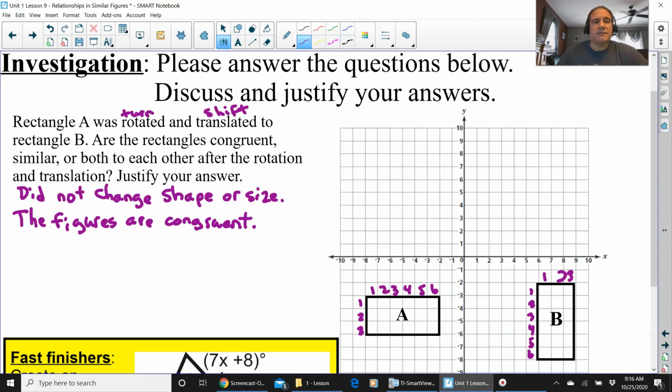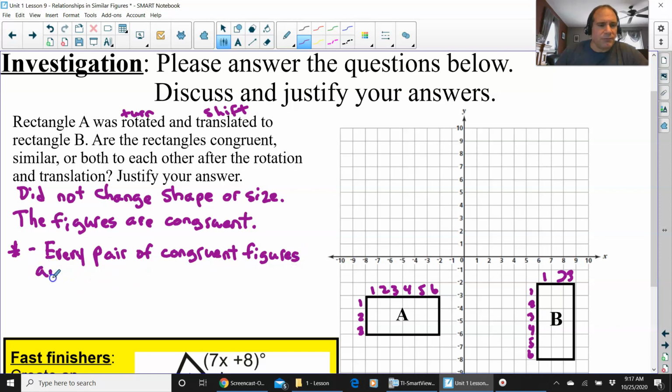But since the figures are congruent, that means every, and this is a star here, every set, every pair of congruent figures are also similar.